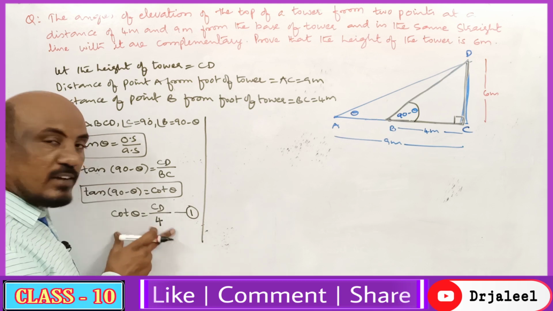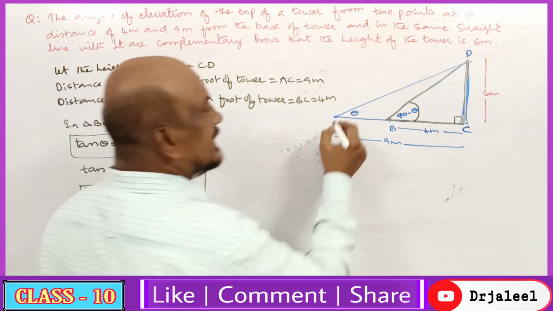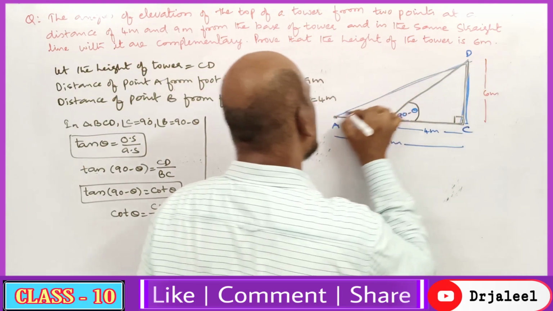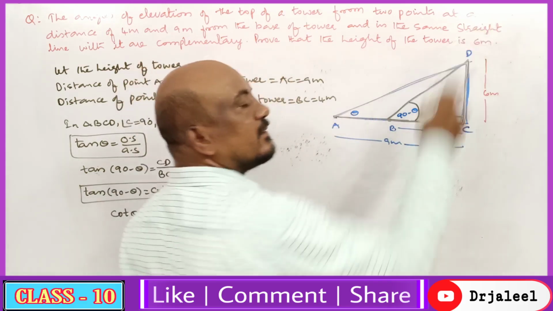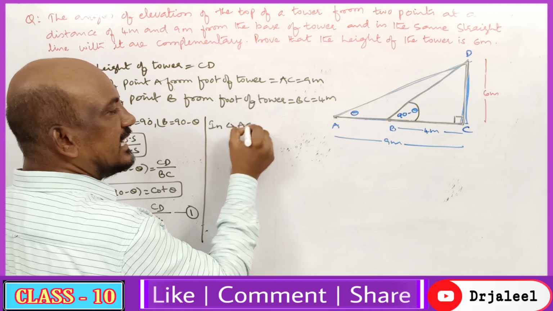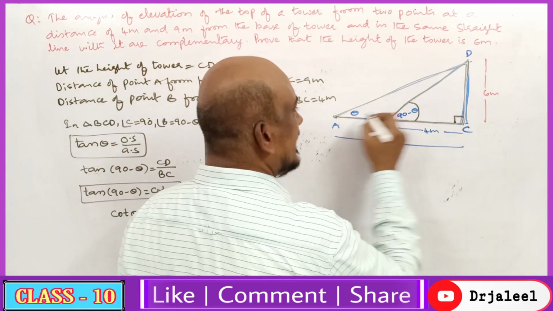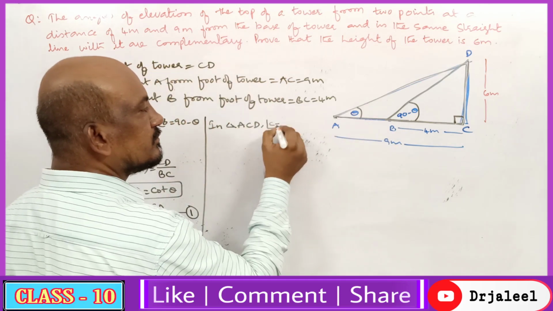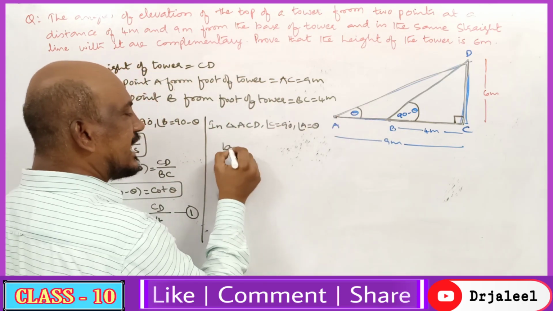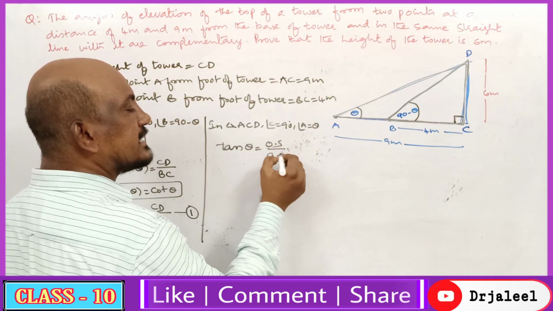The final result here is cot theta is equal to CD by 4. Now let's get into the other, bigger triangle, ACD. In triangle ACD, what are the angles provided? Angle C is 90 and angle A is theta. So again tan theta is equal to opposite side by adjacent side.